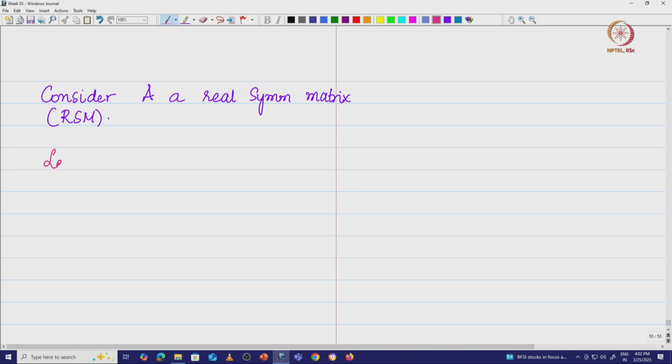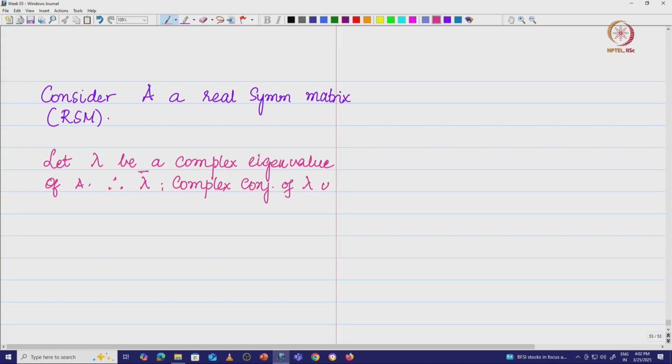So let lambda be a complex root of A, a complex eigenvalue of A. Therefore, we know that the complex conjugate lambda bar is also an eigenvalue of A. This is what we have.